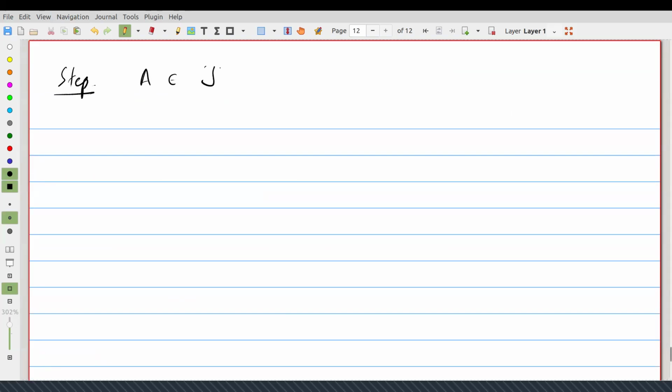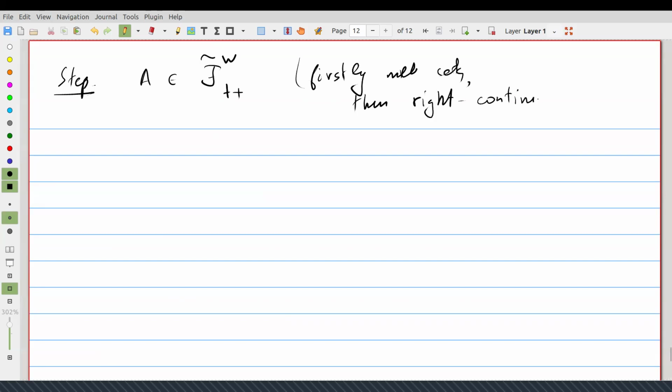Now we can quickly finish the second step. I will actually maybe even prove a slightly stronger statement. We took null sets, then the right continuous version appears. So we did two augmentations: with null sets, and by taking the right continuous version, by taking right limits.